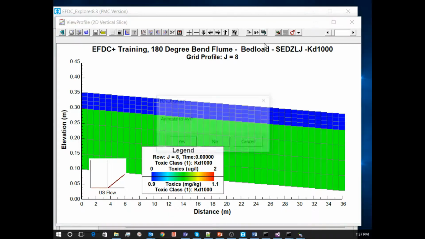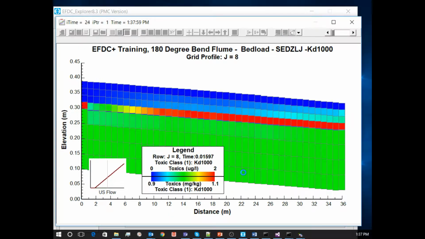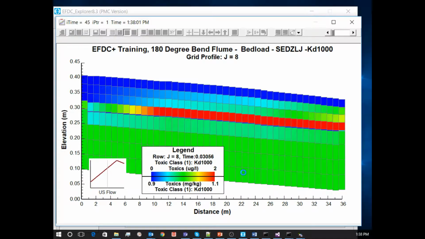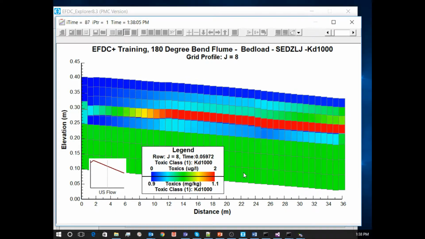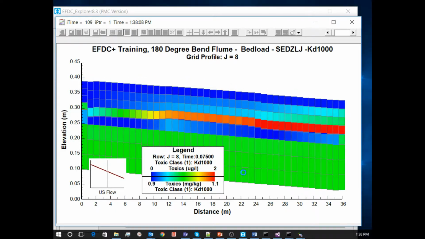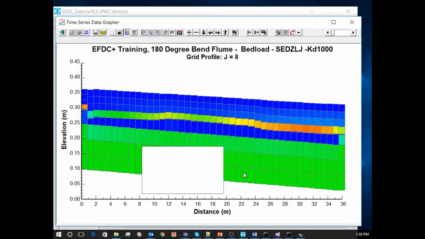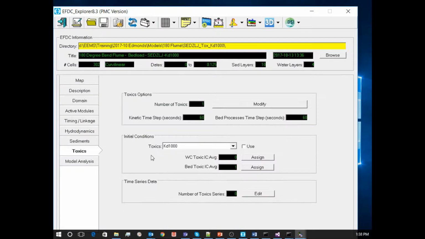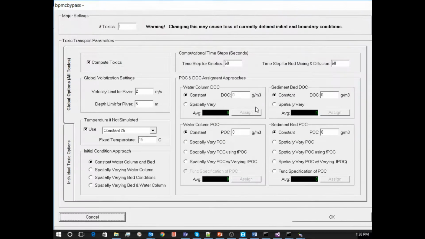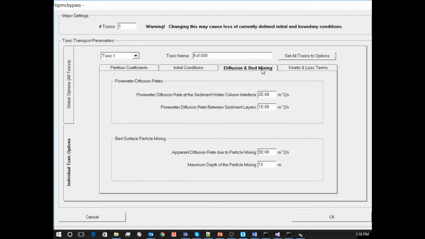So we'll just animate this. Did I turn off diffusion in this one? It doesn't look like it. Did I save it? Got KDs.